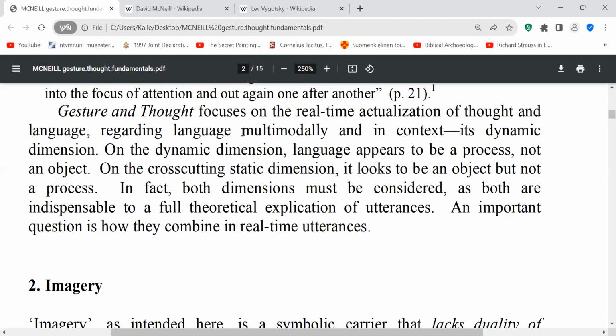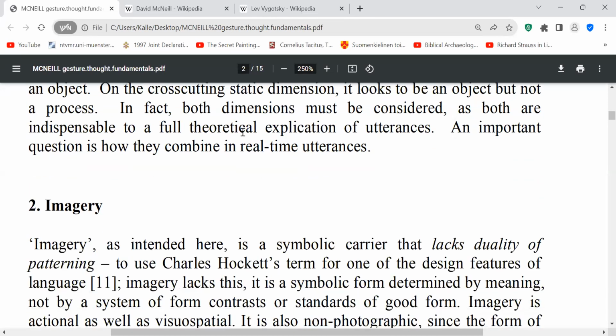An important question is how they combine in real-time utterances.